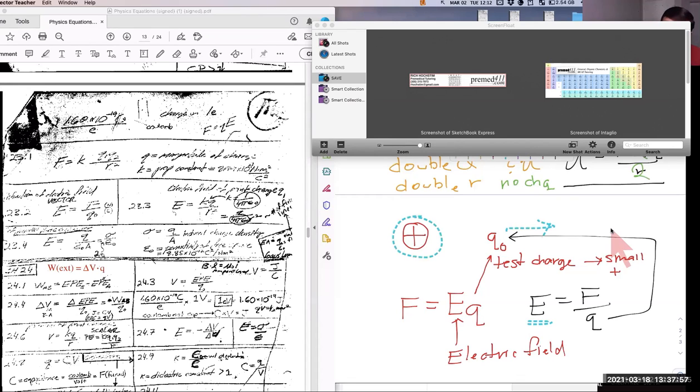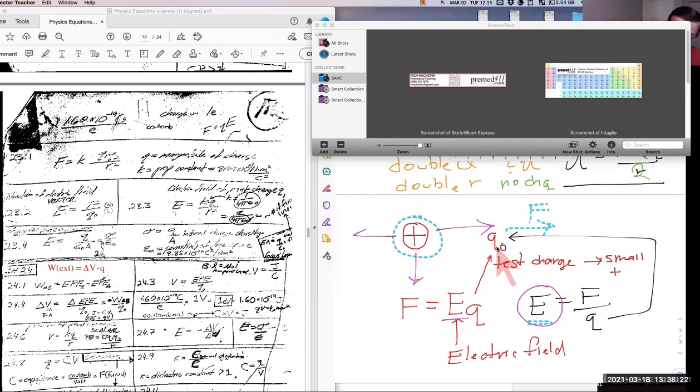So that electric field is going to be in the same direction as this force here because they have the same sign, and we know that positive and positive repel. So this is the force on the charge, and this over here is going to be the electric field.